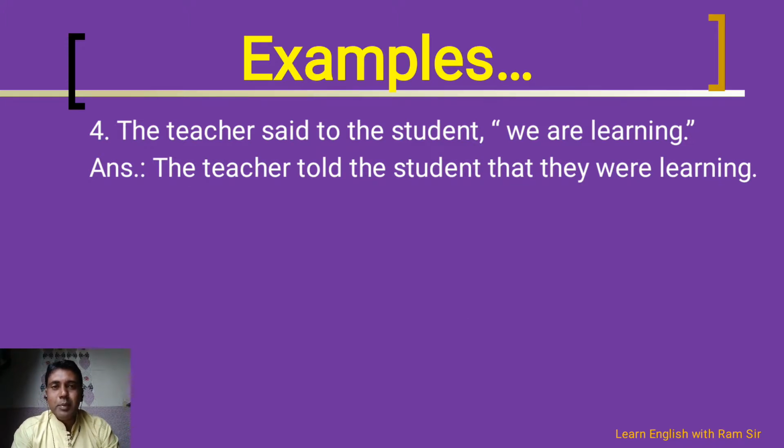Why they? Because so many students are there, and for plural subject we need to use the plural pronoun, that is they, correct? And so due to that, here the answer will be the teacher told the student that they were learning. So this is just about the said to. Said to के बारे में हमेशा याद रखो कि said to का conversion told में करना है.